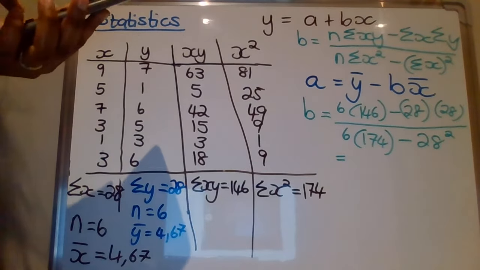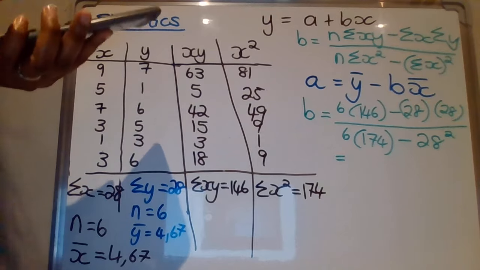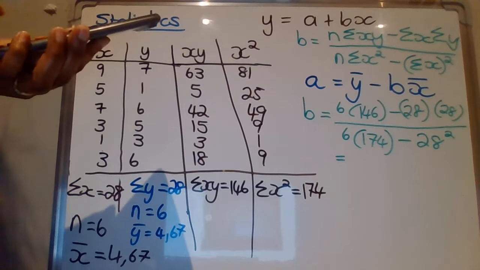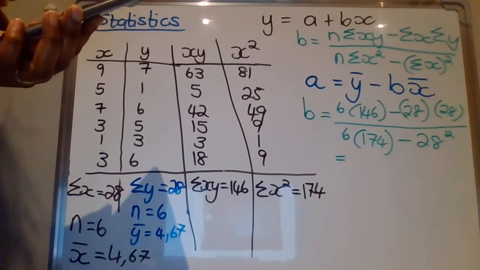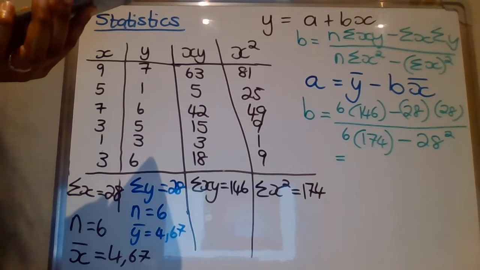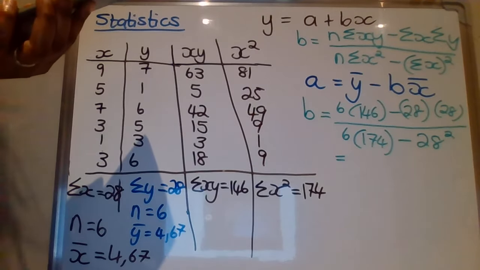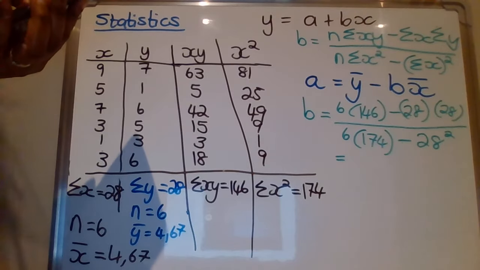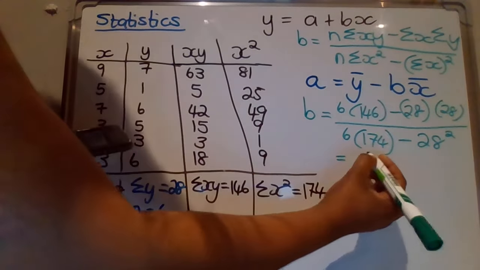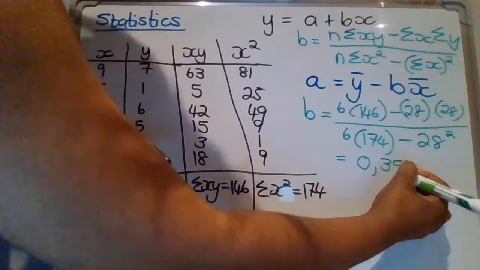So 6 times 146, divided by... so here I have B is equal to 0.35.